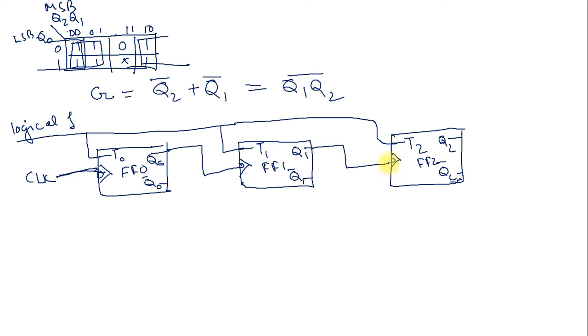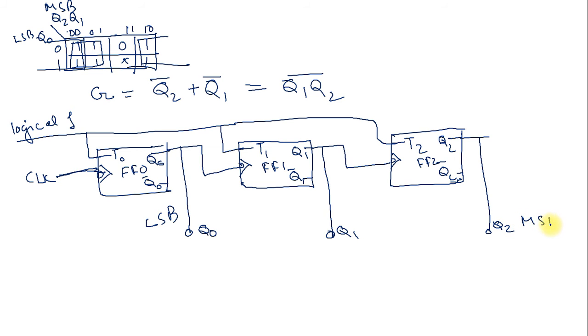Q1 is connected to the clock of FF2, and the output is taken from Q2, Q1, and Q0. Q0 is the LSB, then Q1, and Q2 is the MSB.